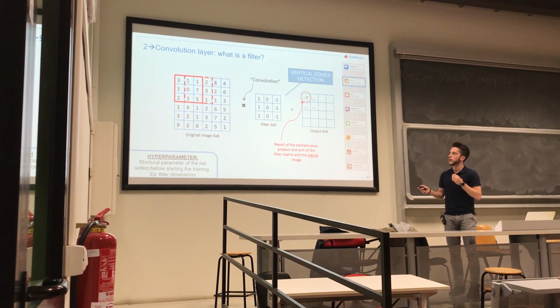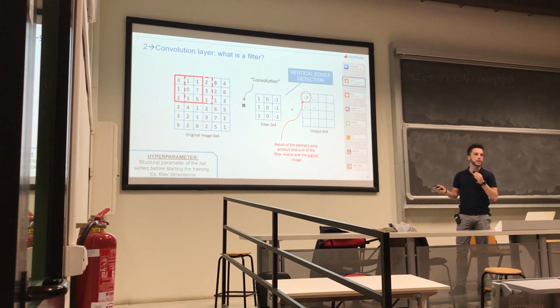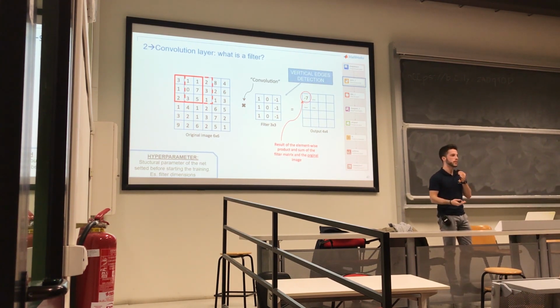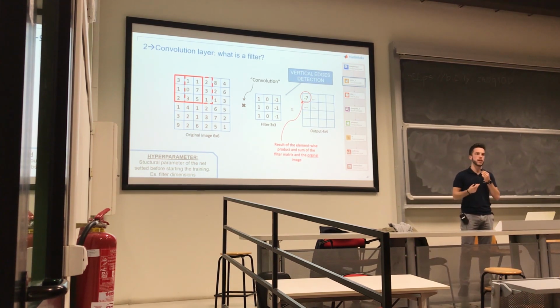In fact, filters have different characteristics. So size, in this case 3 by 3, but also the values inside the filter. The values inside the filter are the parameters that the training algorithm will set during training.